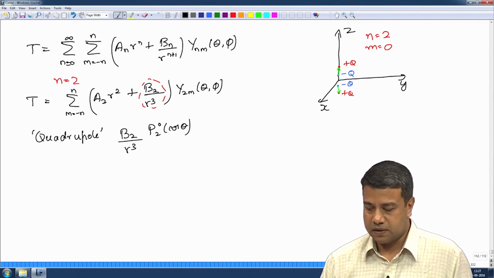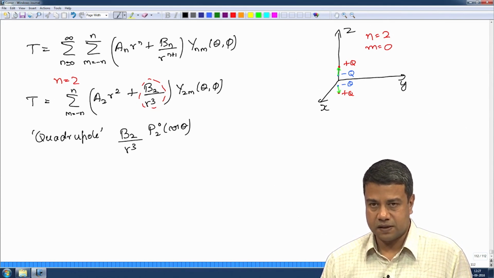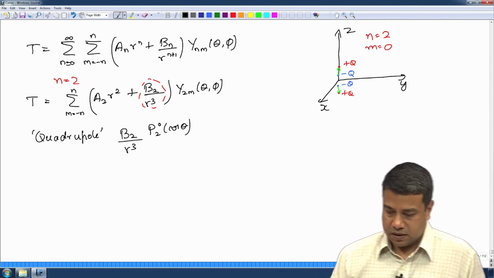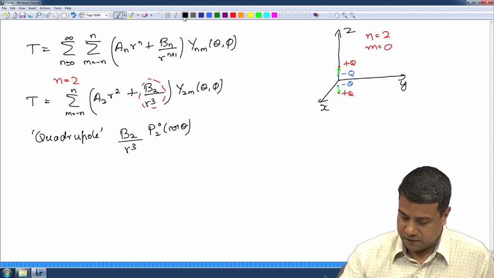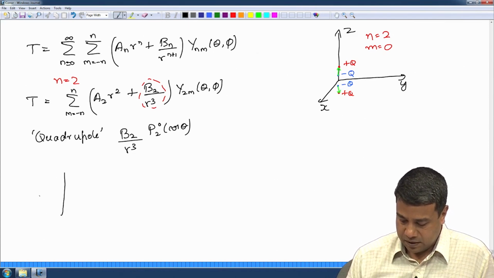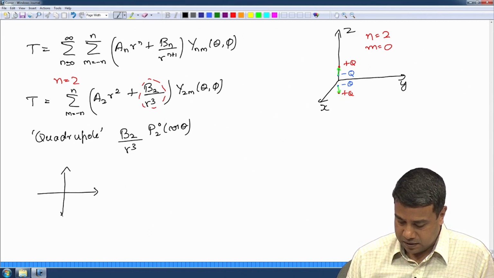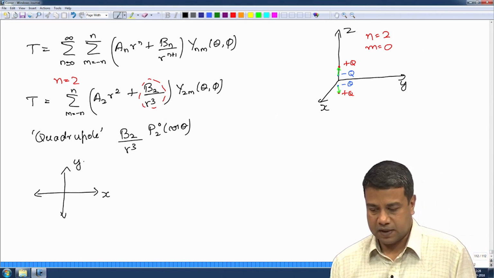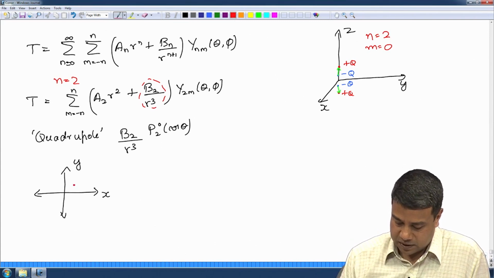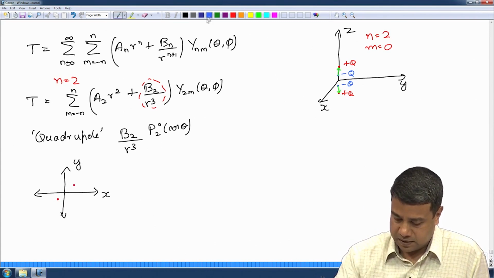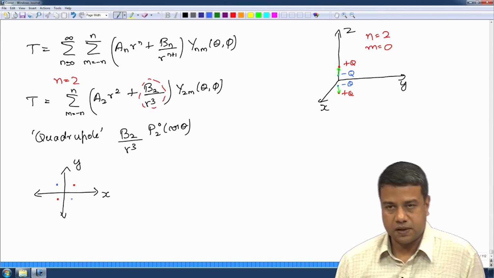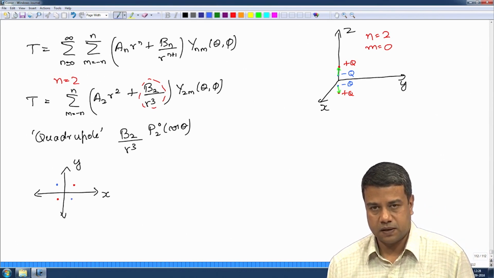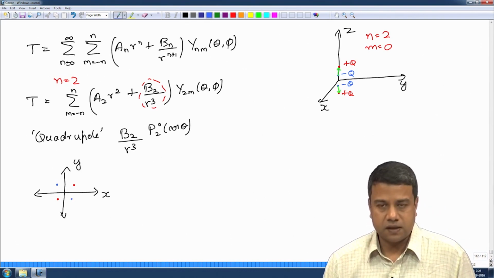I will try to explain to you what these physically represent. The first one is along the x y plane. You have two sources and two sinks along the x y plane. The net source is 0, the net dipole is 0.